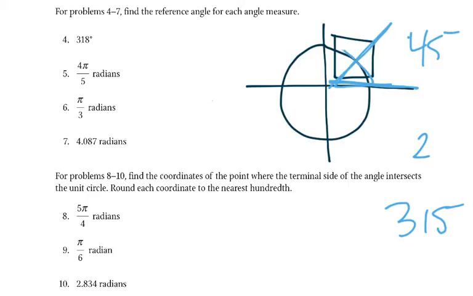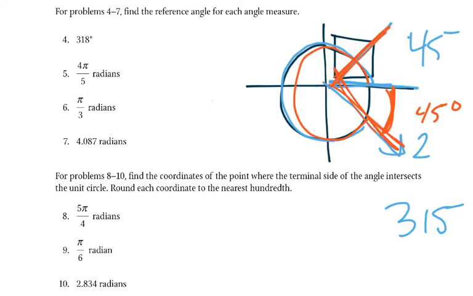So 315 would go 90, 180, 270, and 270 plus 45 would give me 315, an angle around like this. But its reference angle would be just in this little quadrant, a 45 degree angle. It's just going down. These two angles are the same angle from this vantage point if we think about just going up or down. That's kind of what it means by reference angle.